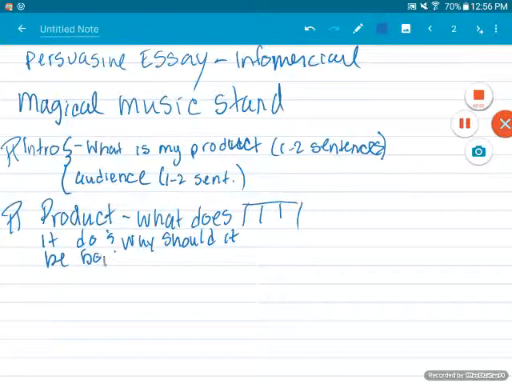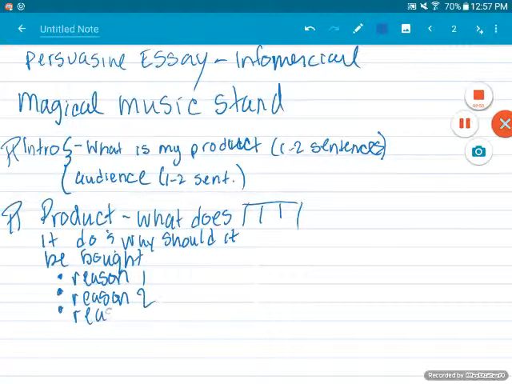Guys, you need 3 reasons to answer that. Reason 1, what it is, why it should be bought. Reason 2, what it is, why it should be bought. Reason 3, what is it, why should it be bought, right?